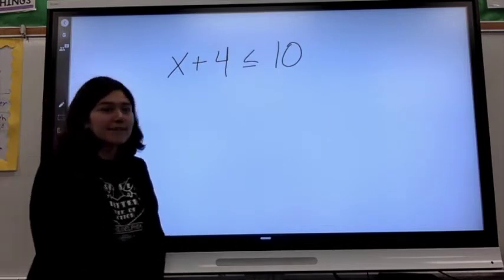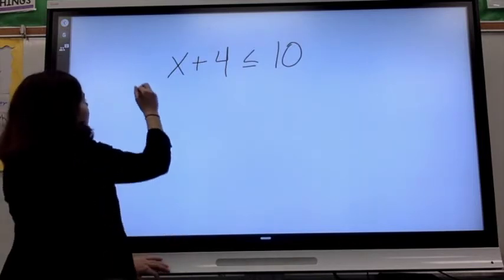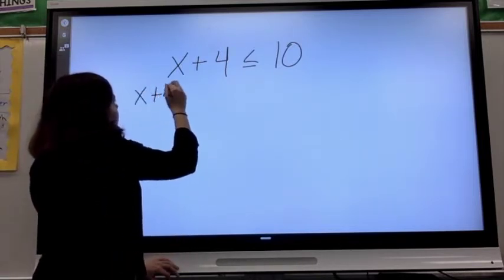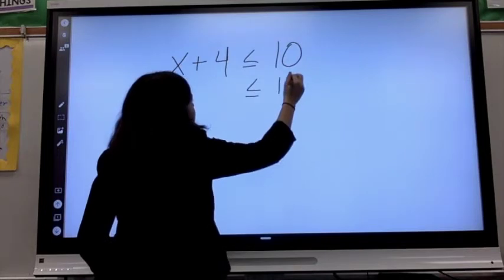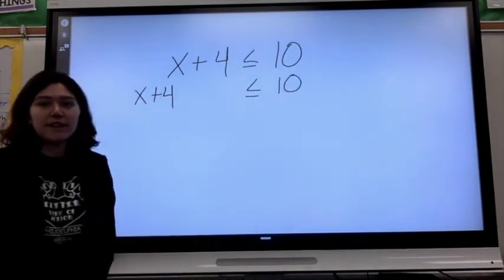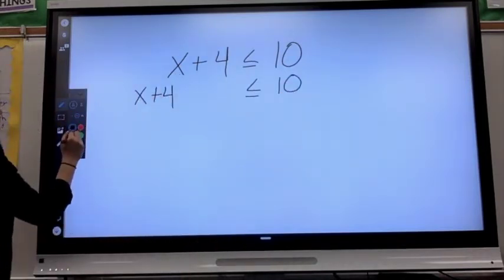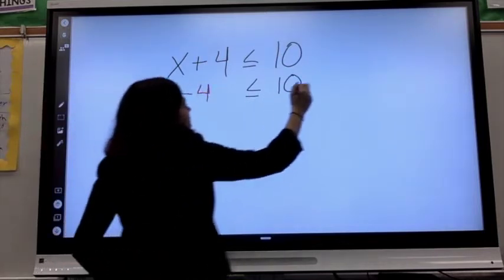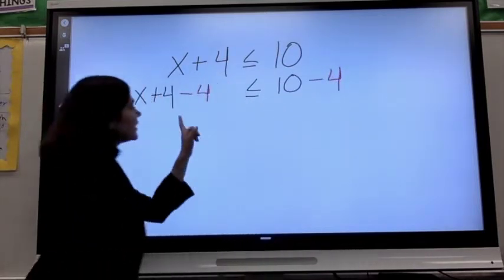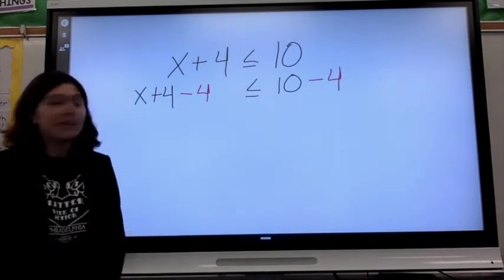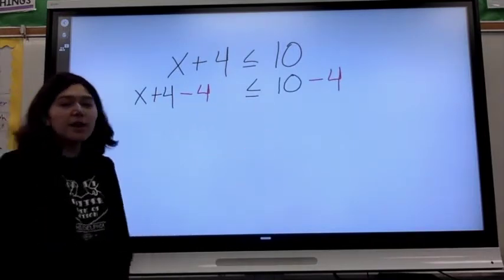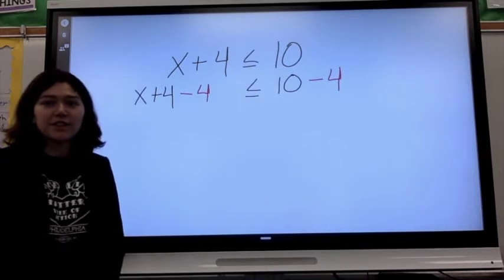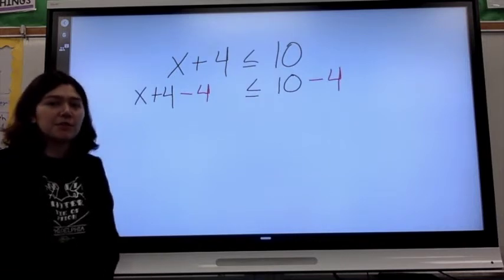How do I undo adding 4? I subtract 4. So on my left, I'm going to write x plus 4 is less than or equal to 10. I just rewrite what we have, and then I'll do it in a different color here. Then I'm going to subtract 4 on the left and the right, because what I do to one side of an inequality or an equation, I need to do to the other in order to keep the statement still true.